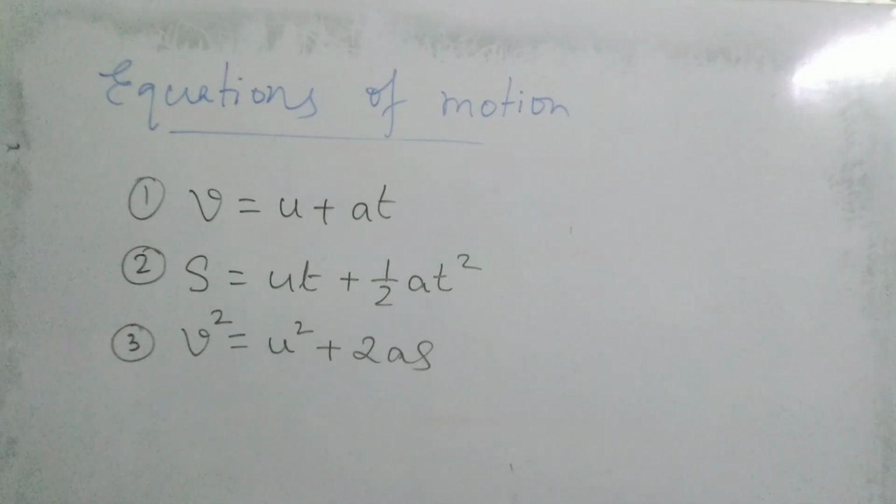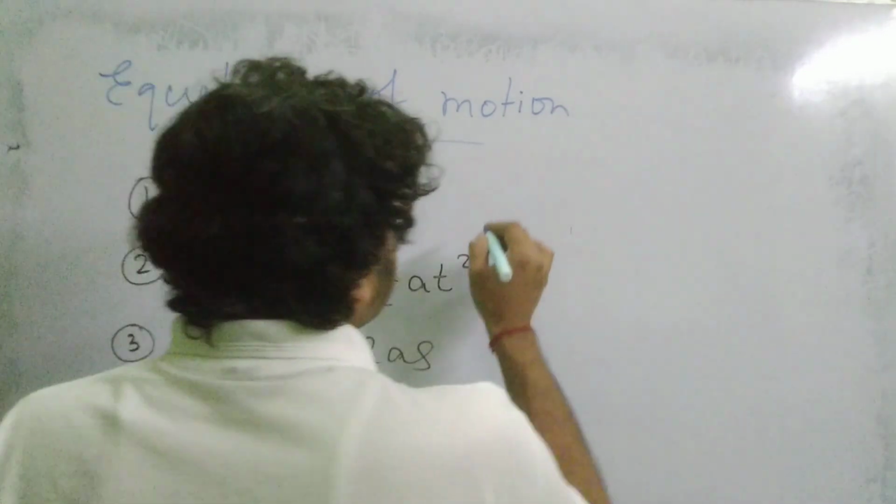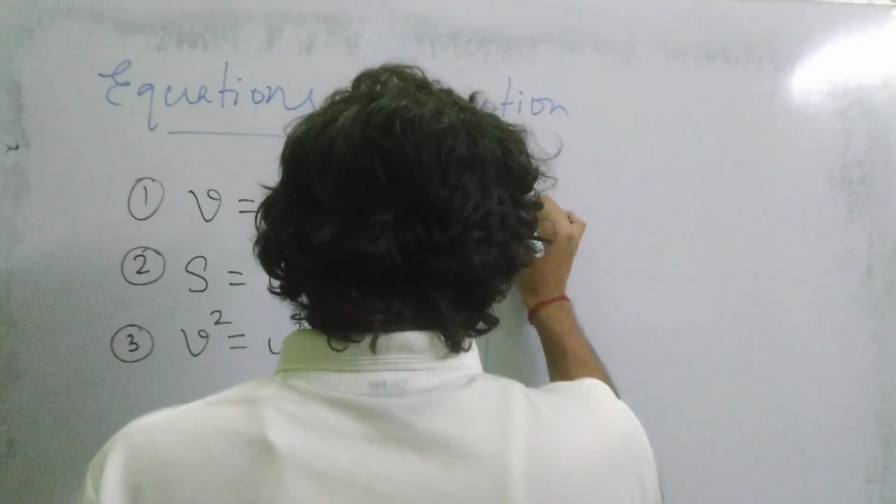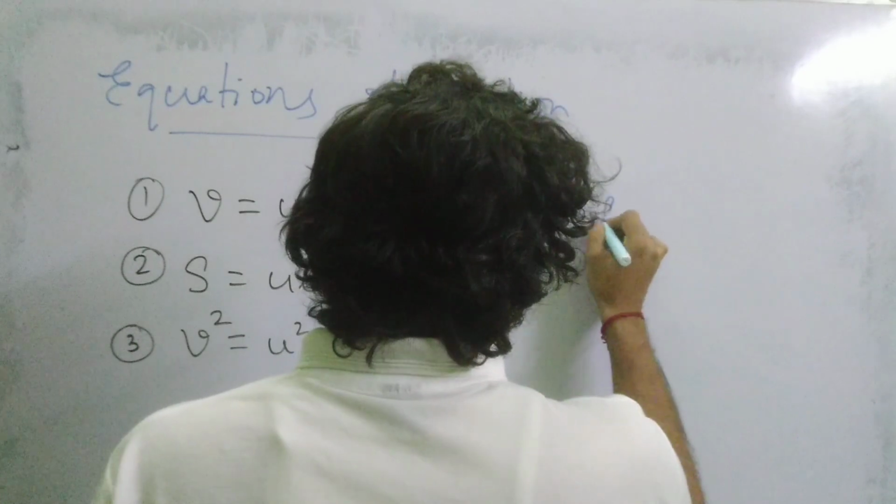At the side of your copy, write what these letters denote. V denotes the final velocity.